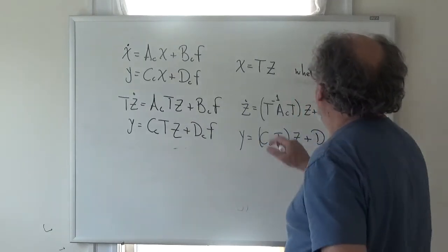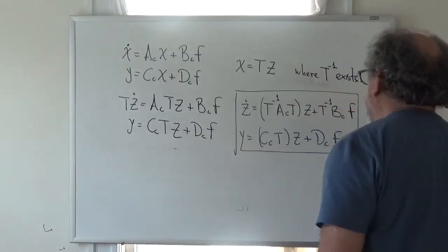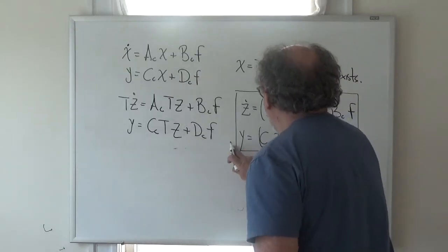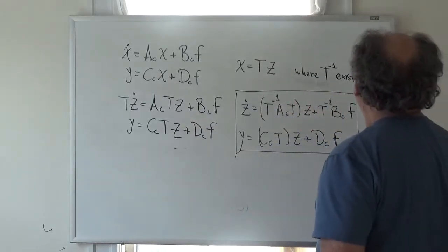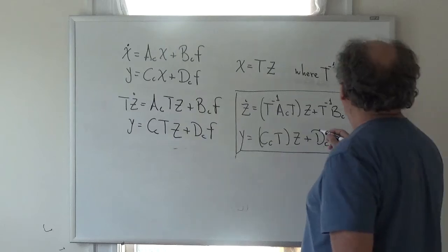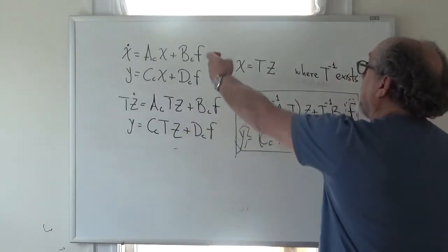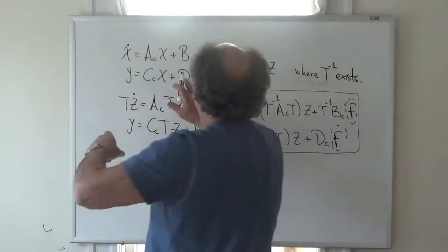And we get this. Now, this is a particular case, a more general case of what I did before with the F's. Again, here is f, which is the input. Here is f, and here is y. The form is identical to this one.